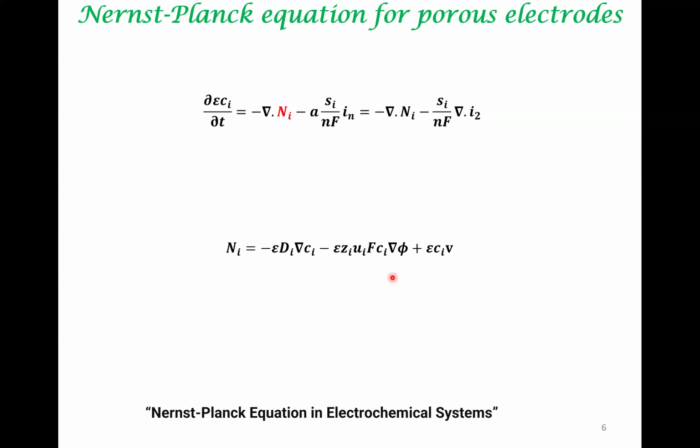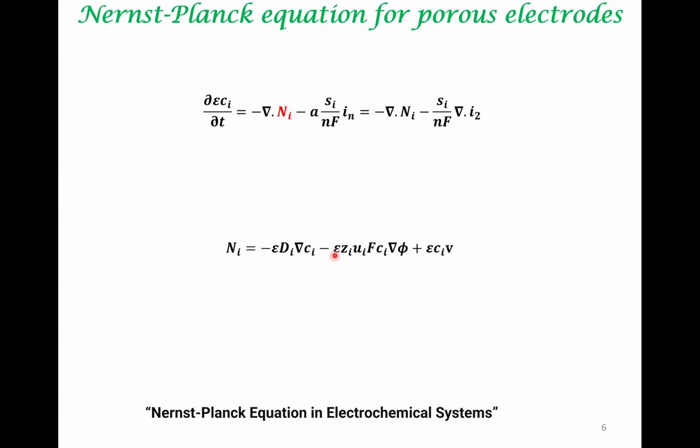All we are doing here is specifying the fluxes in the context of a porous electrode. Notice that we have this term epsilon, which refers to the amount of electrolyte present in the porous electrode. That is multiplied by Ci, which is the concentration in the electrolytic phase. So this times this gives you the overall concentration in the porous electrode.